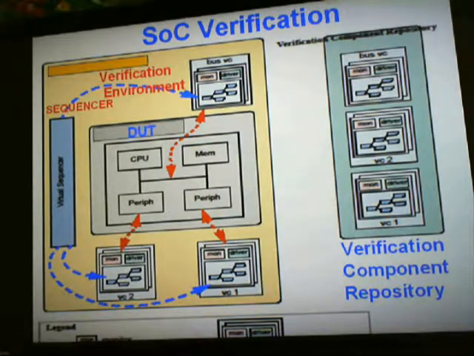Here I illustrate a verification environment with 3 interface verification components. It can be stored in a repository to be reused later. The interface verification component is instantiated and configured for a desired operational mode.